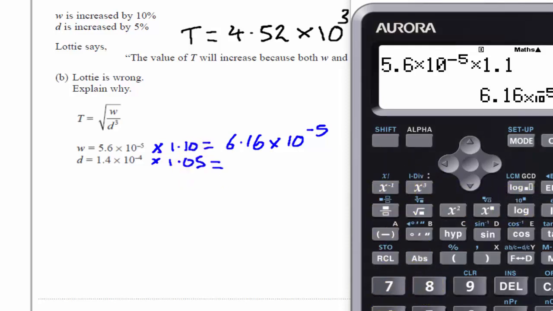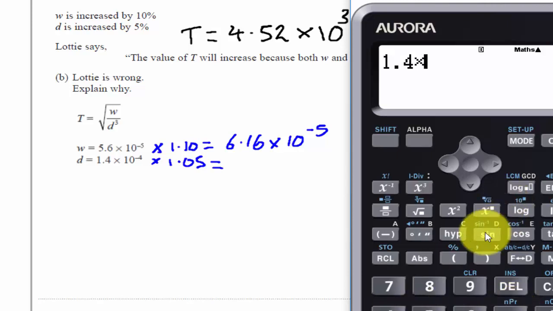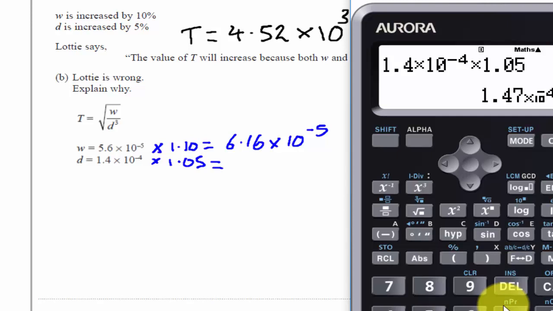And this time I'll get 1.4 times 10 to the minus 4 times 1.05, and that gives me 1.47 times 10 to the minus 4. So here are the two new values for W and D, and I've got my first mark.